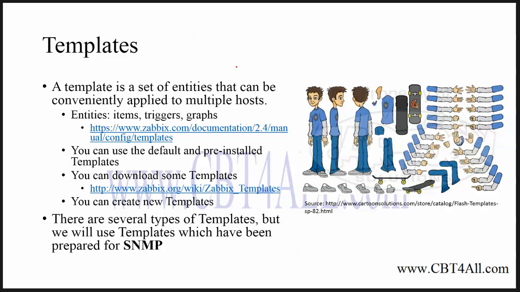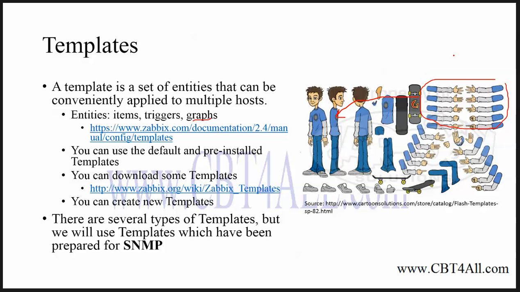What are templates? A template is a set of entities or objects which can be applied to multiple hosts at the same time. What does it mean? Entities like, for example, items, triggers, graphs, and so on. For example, here we have a pair of hands as a template for this guy.